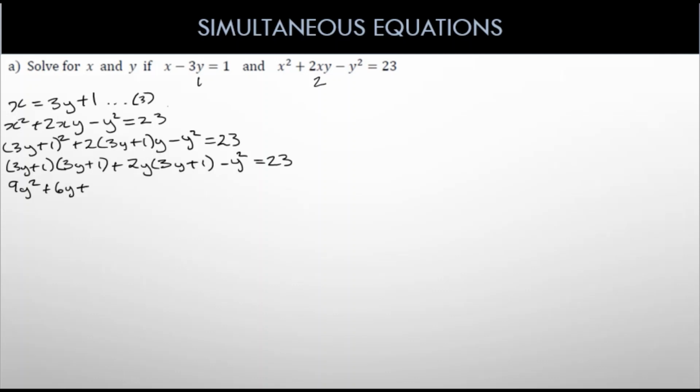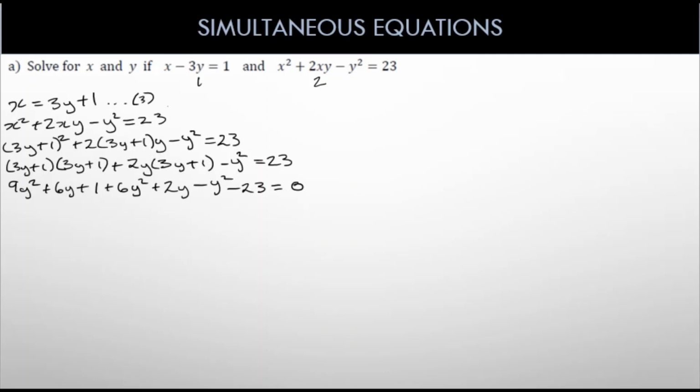And when I multiply here, I'm going to distribute the 2y, so it's going to be plus 6y squared plus 2y minus y squared. And because I'm seeing a highest exponent, which is 2, I'm going to make everything equal to 0. So yes, 23 is equal to 0. So very simple. And then now I'll add my like terms.